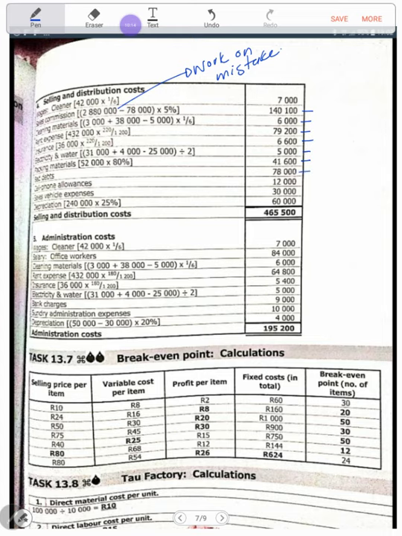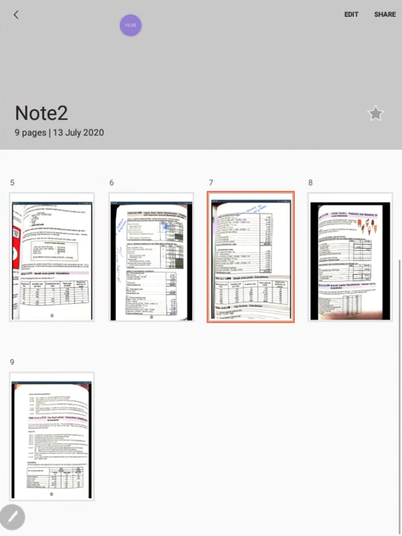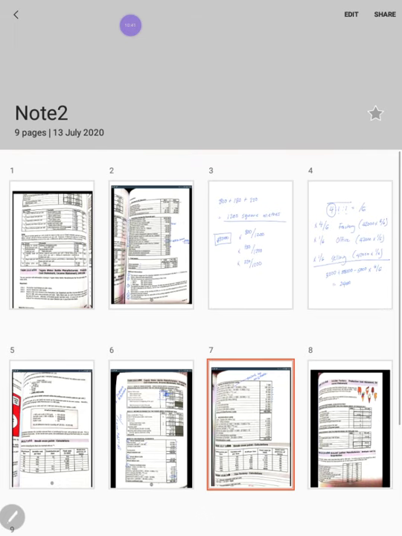Our bad debts is 78,000. Bad debts is an account that will only go to the selling and distribution cost department. Why? Because that is where they sell on credit, you get debtors, and debtors sometimes don't pay your money back. Then we had cell phone allowances to our salesperson, which we had over here.